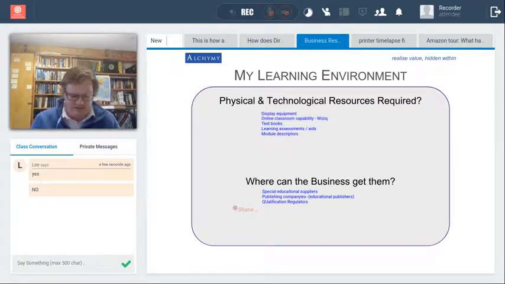If you think back to a barber shop or a flower shop, what are the technical or physical resources required? If I'm running a hospital and an operating theater, I need sterilized instruments. I need X-ray machines. I need an MRI machine. I need surgical operating theaters, which are clean and cleanable.